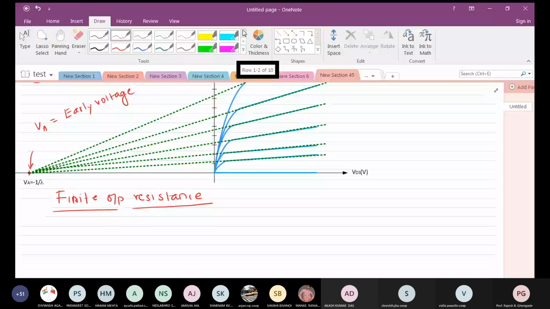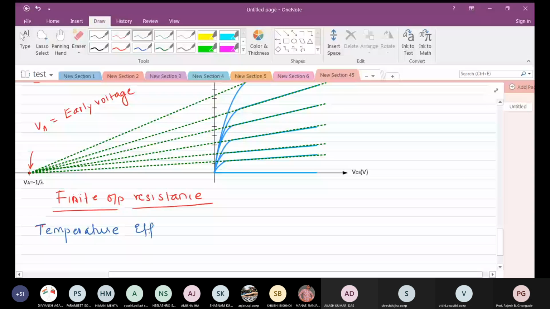Now, another important thing we have to see is the temperature effect. What happens if the ambient temperature of the device increases?